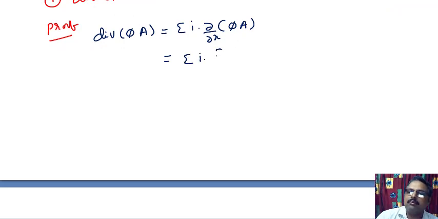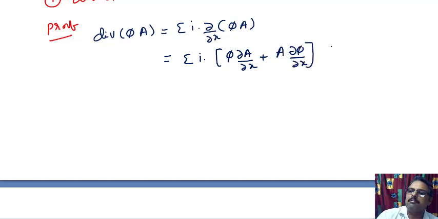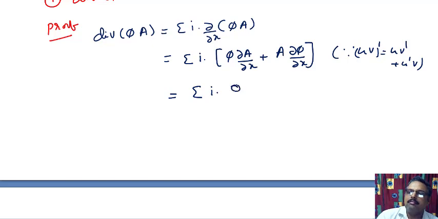Sigma i dot of phi into dou A by dou x plus A into dou phi by dou x, using the UV formula: derivative of UV is U into derivative of V plus derivative of U into V. Now multiplying with i, sigma i dot phi into dou A by dou x is the first term. In a similar way, sigma i dot A dou phi by dou x.